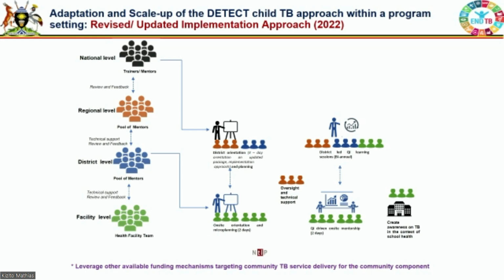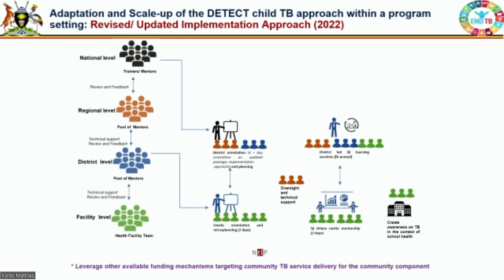So in a way to enhance subnational capacity, we are saying that the regional teams should support the district teams, and the national level will come in to receive feedback from the regional mentors. And then at facility level, on-site orientation and mentorship will be done by the district mentors with oversight and technical support from the regional teams.